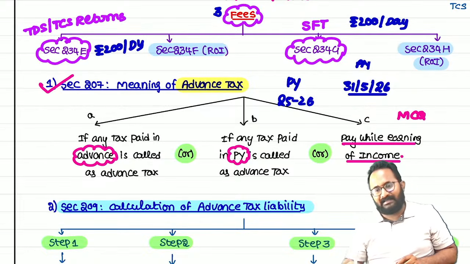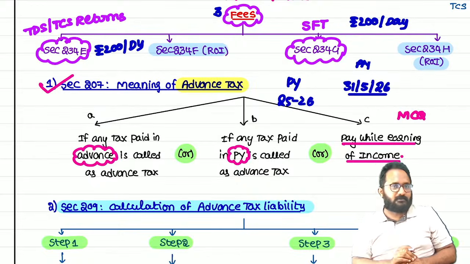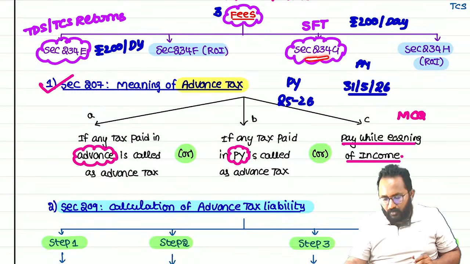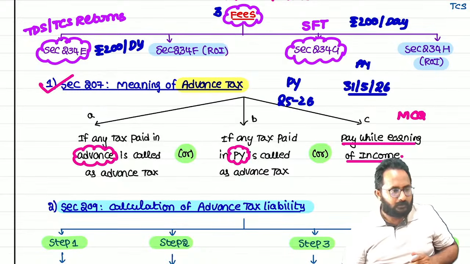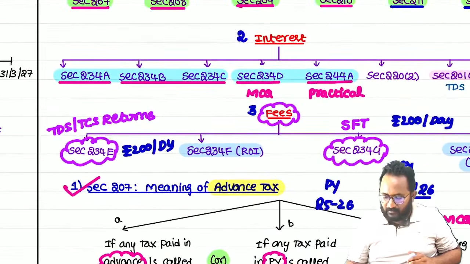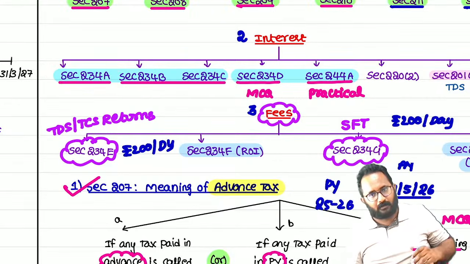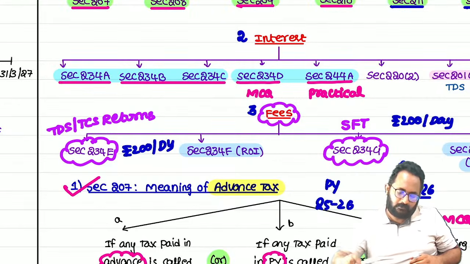Okay, 10 days, 10 into 200, 200 days into 200 rupees you can calculate. Here there is no maximum amount of fees. So that ends this chapter. You can practice the sums related to these provisions properly in this chapter. Clear? Yes, sir. Thank you.